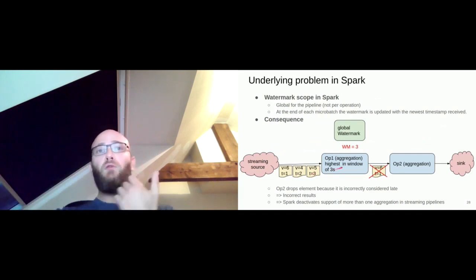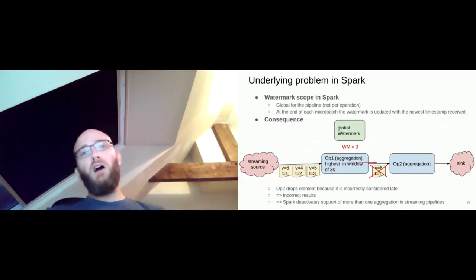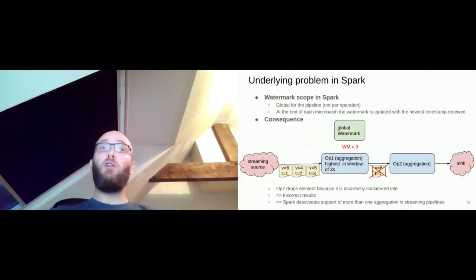So as a result, when operation 1 outputs its data, no luck: the highest is value 6, but it has timestamp 1. And as the global watermark is value 3, this element with timestamp 1 will be considered by operation 2 as late.